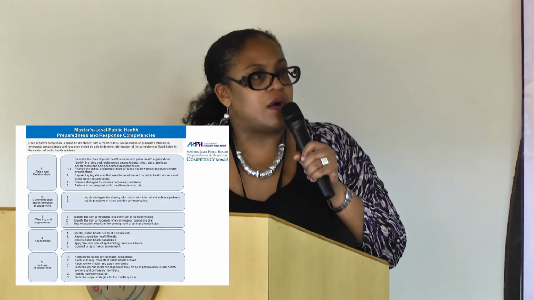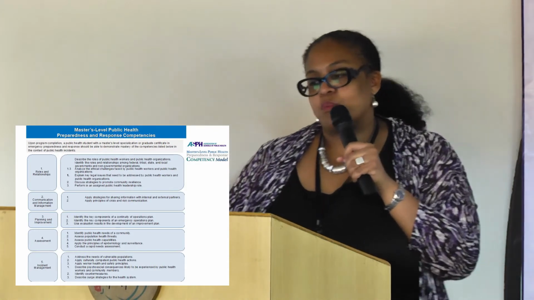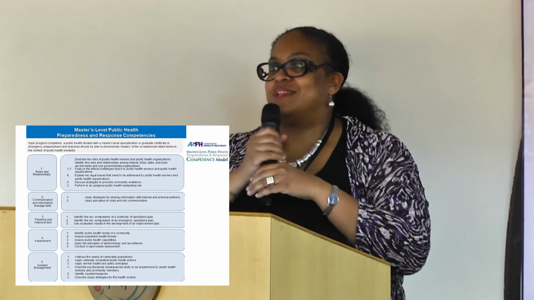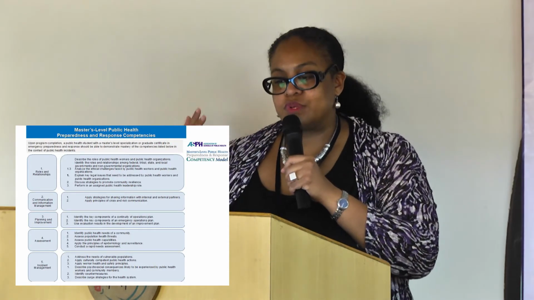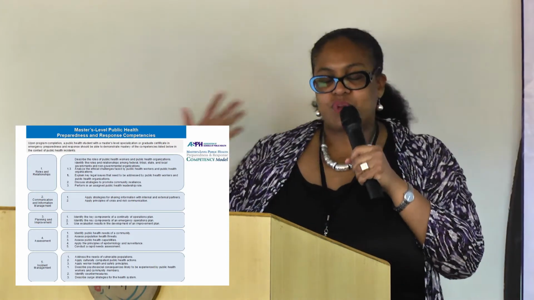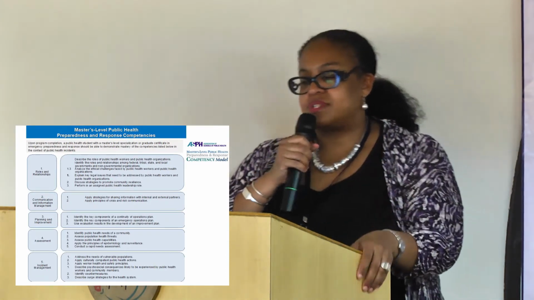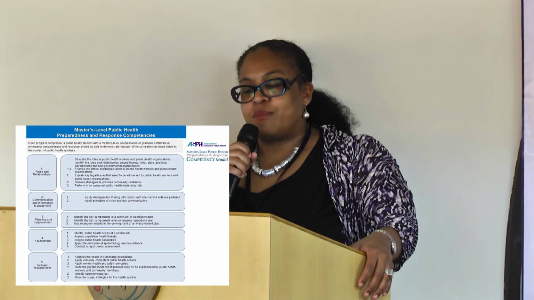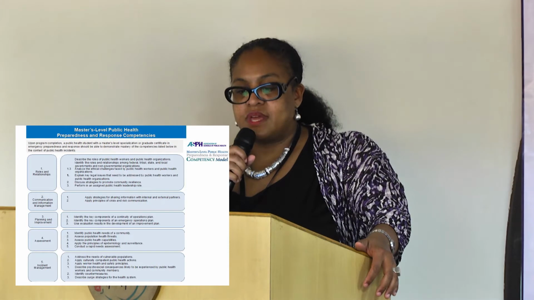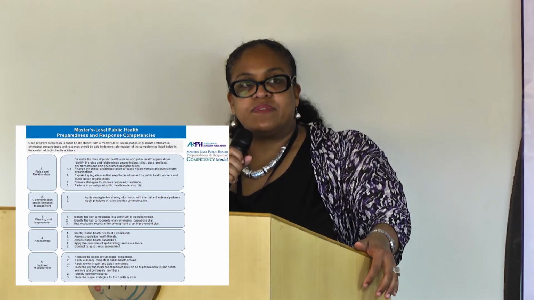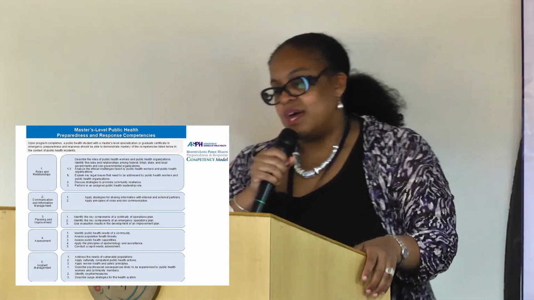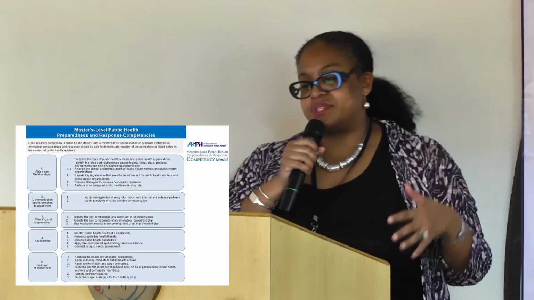There are defined competencies that span everything from roles and relationships, so how do you work together? Who's the key speaker and stakeholder in terms of communication and information management, applying new strategies and sharing information across sectors, planning and improvement, identifying key components for operation plans, and assessing the needs of the community, the population health threats, and the capabilities of the system.